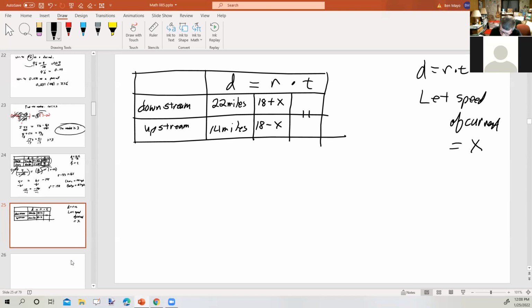Okay. Now, the times are the same, and we found out from before that time equals distance divided by rate.